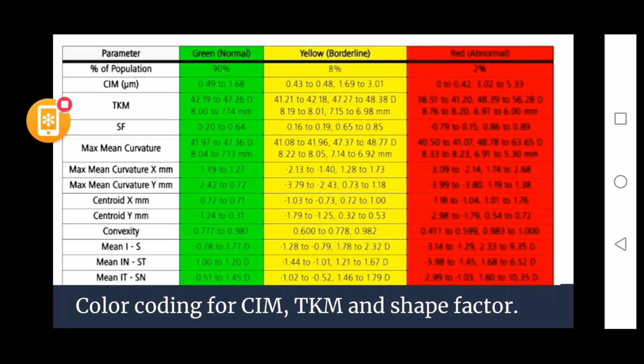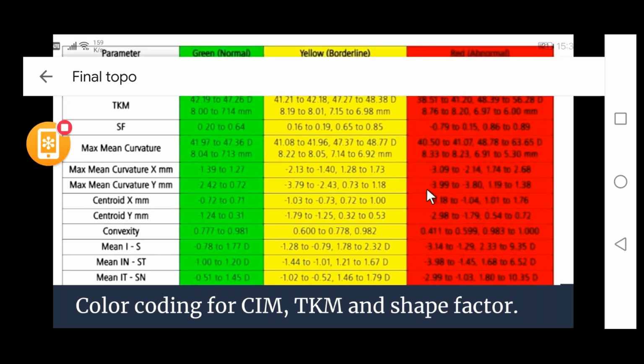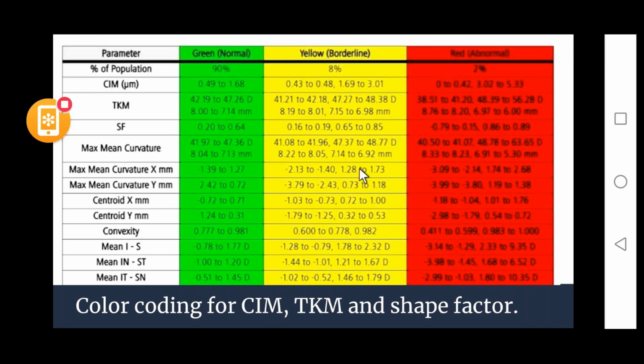Now there are color codings for each and every value over here. As you can see the chart over here, there is something known as a percentage of the population. There is green, yellow, and red. So any values which are highlighted in green, that means they are normal. That means these kinds of values are observed in 90% of the population. Now please let me remind you that this machine compares all these data with normative values, or normative data are already fed in the machine.